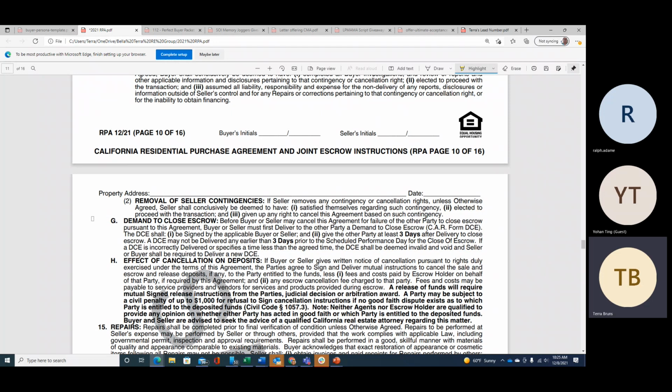There might also be the contingency for the buyers to sell their property, and that runs the length of the contract automatically. So if there's going to be a different time frame, then that needs to be called out in an addendum or a counteroffer or something like that. So there will be a time on the COP. Exactly. Yes.